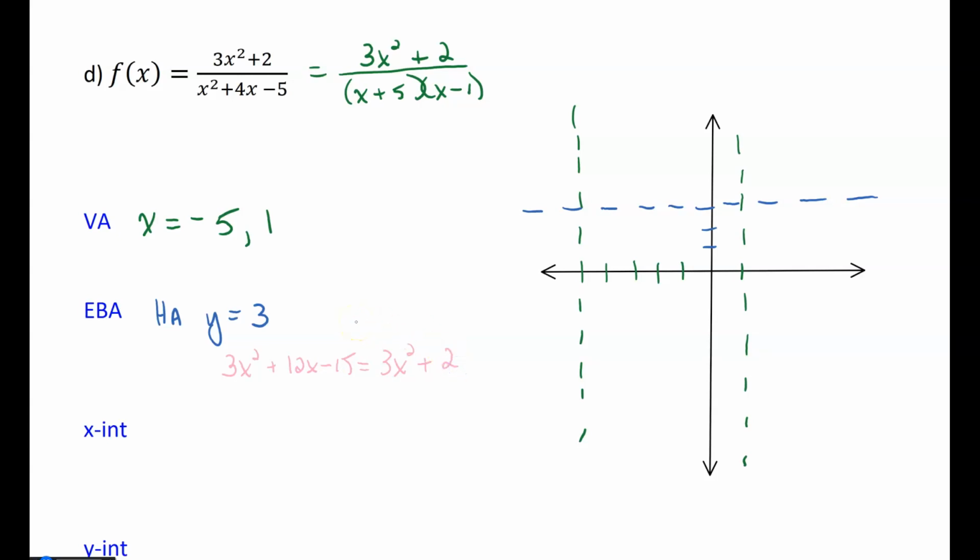So my 3x squareds will cancel each other out, and then I get 12x is equal to 17 and x is equal to 17 over 2. Okay, so that means we do have a cross at the point (17 over 2, 3).